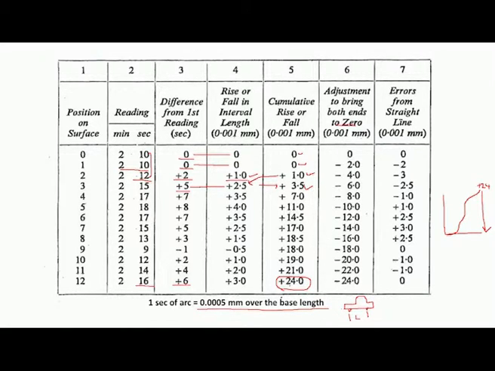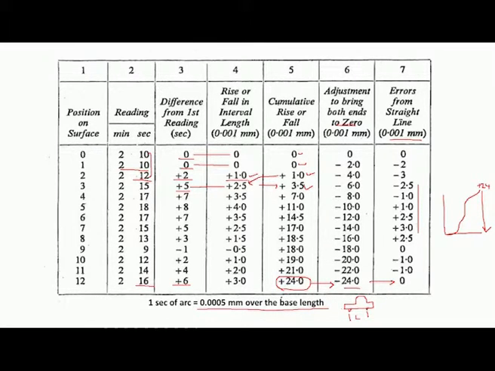This end should be brought back to 0, so we add minus 24 and then we get 0. Like this we have to add the adjustment values, and finally we get errors from the straight line in terms of 0.001 millimeter, or directly in micrometers.